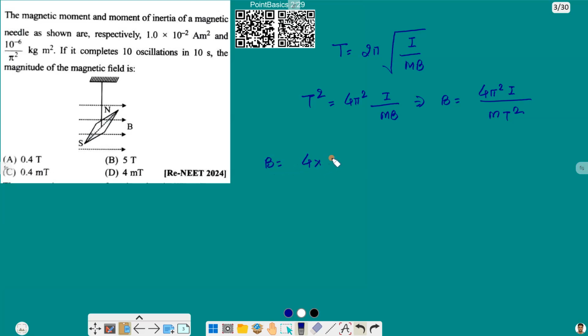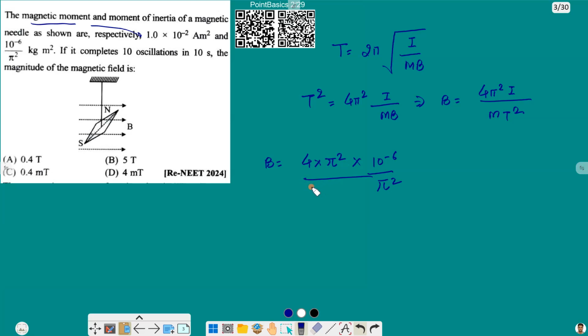Pi square is almost 10, so we are taking it as 10. Moment of inertia, we take it as pi square because here it is mentioned in terms of pi square. First is magnetic moment and second is moment of inertia. Moment of inertia is given in terms of pi square, so it will cancel out.